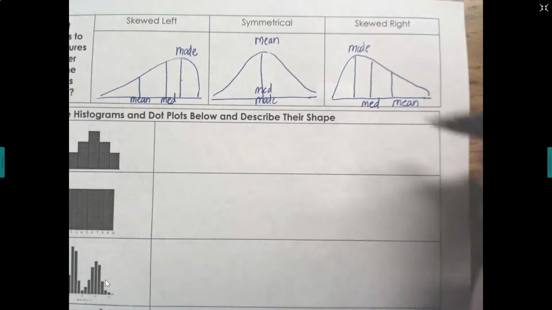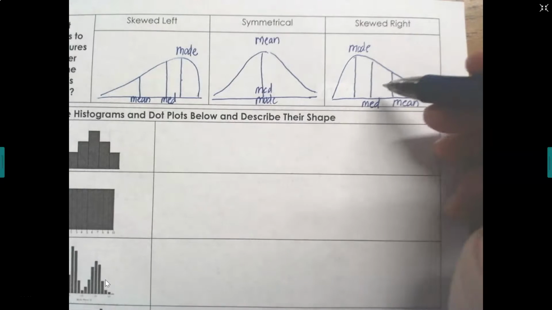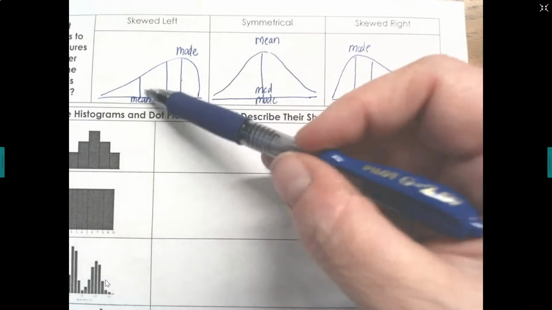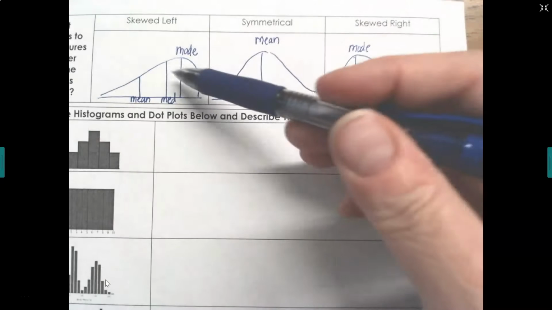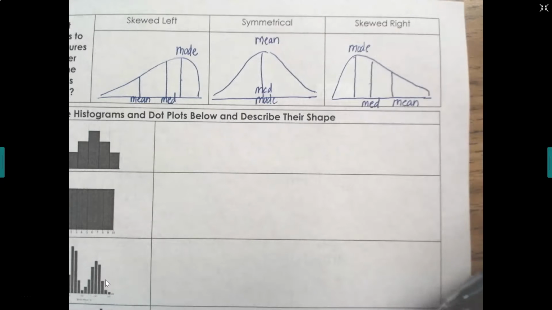So you don't have to calculate it each time: if it's skewed right, the mean will be larger than the median, and if it's skewed left, the mean will be smaller than the median. That's why, if it's skewed, you want to use the median, because it's closer to the actual center of the data.